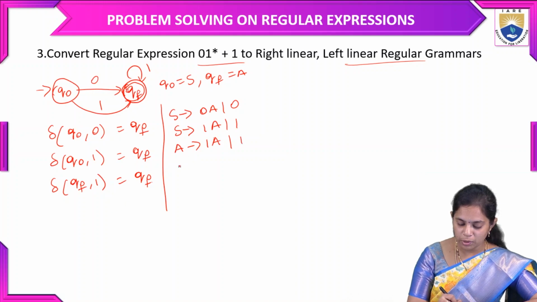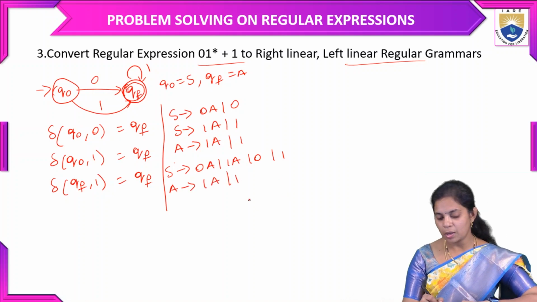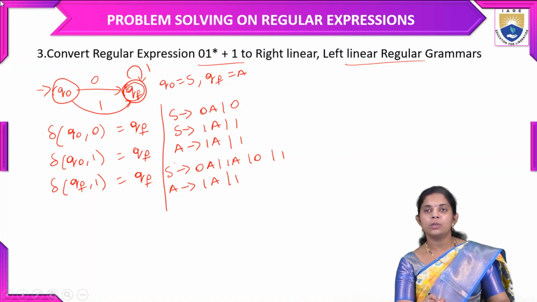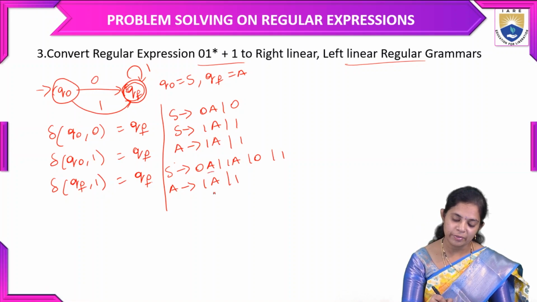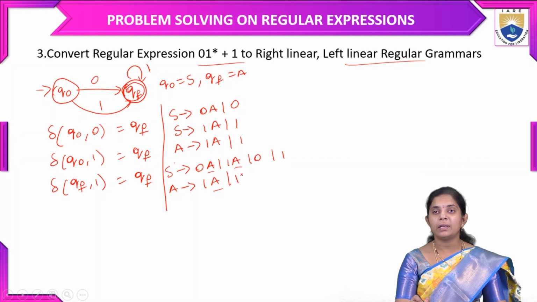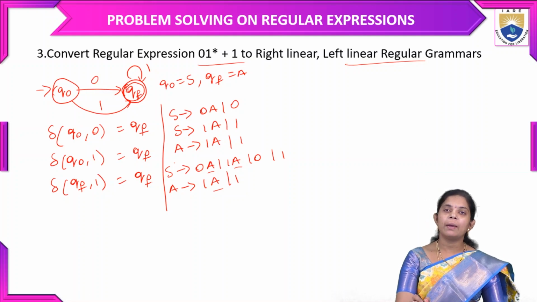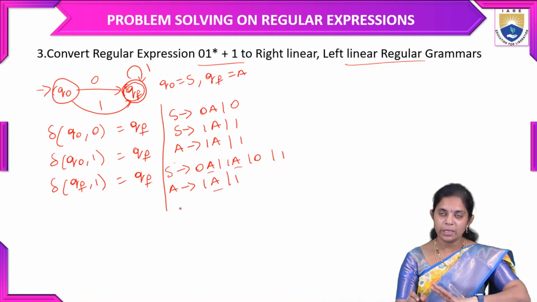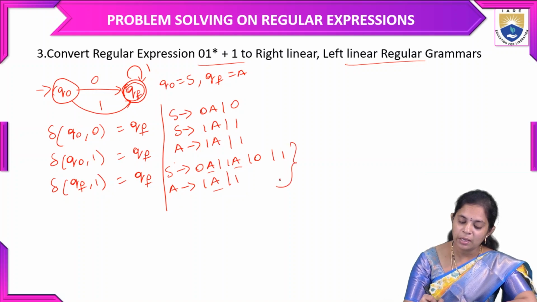So altogether we will write it as 0A, 1A, 0 input or 1 input, and A tends to A and terminal. So this is how we have written the production rules. So by seeing these values, the terminal values, and the non-terminal capital letters are on the right hand side, this is the right linear grammar.